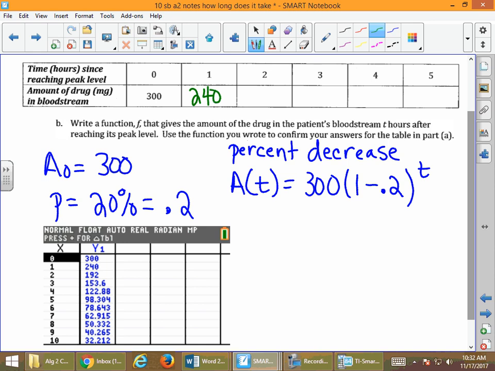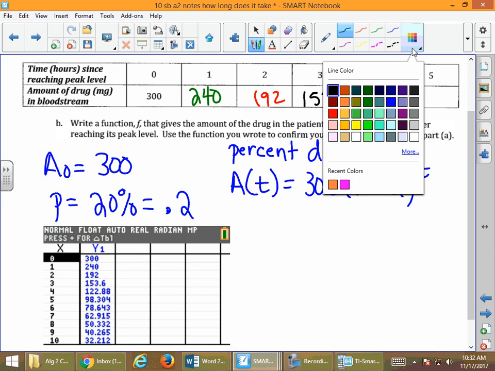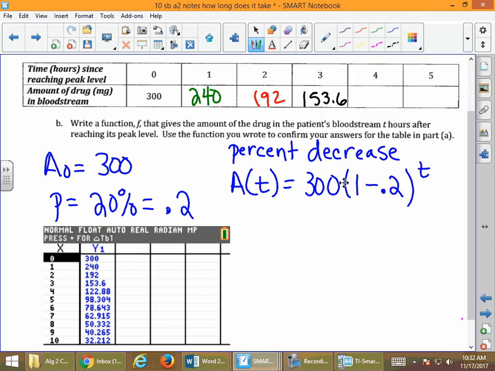We see 2, 192. 3 is 153.6. 4 is 122.88. And 5 is 98.304.